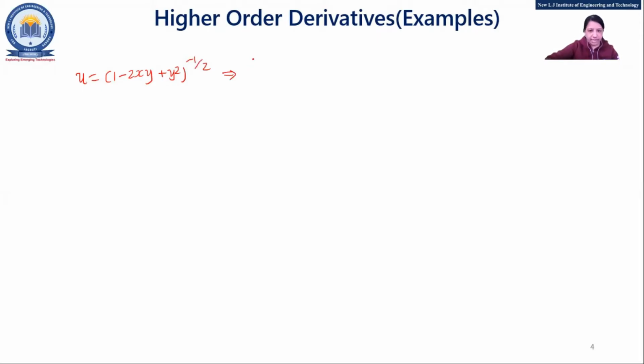Prove that x into del u by del x minus y into del u by del y equal to u cube y square. This is my u, right? So first I need to find out del u by del x. So find that out quickly. This is x raised to something, differentiation, right?